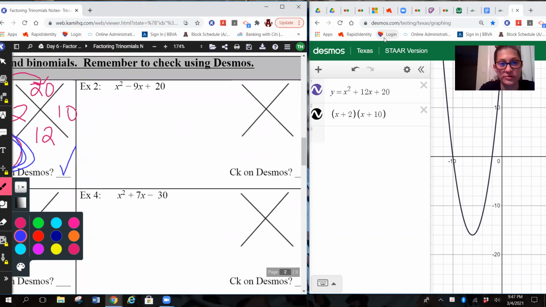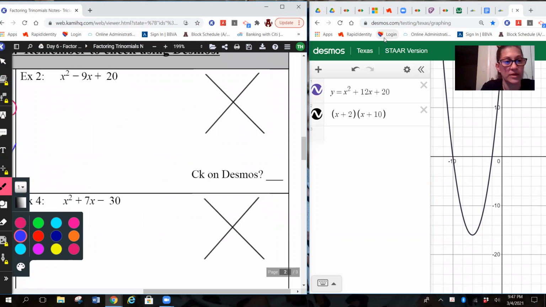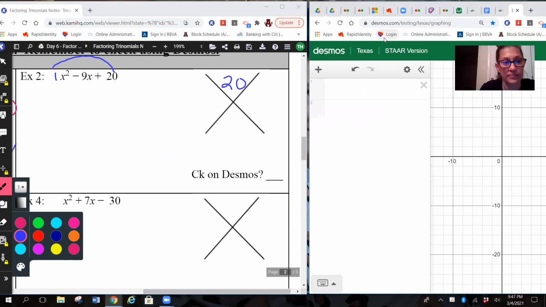Let's talk about example 2. Now our a value is 1. Our c value is 20. 1 times 20 again is 20. Our b value is -9.